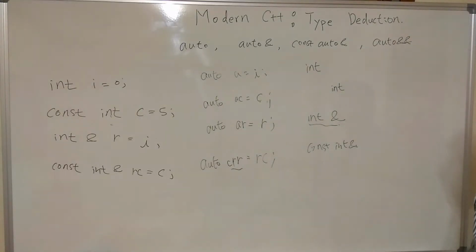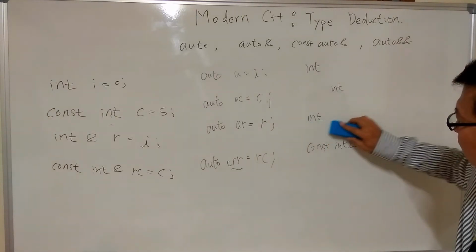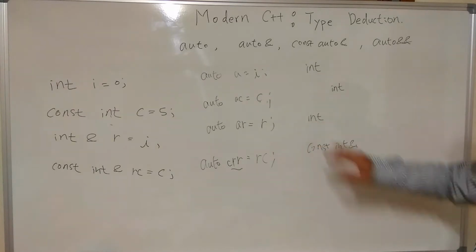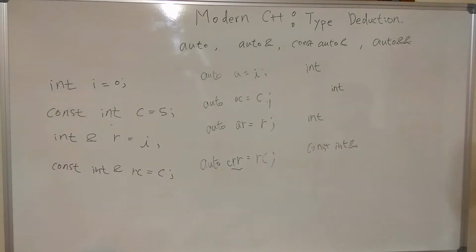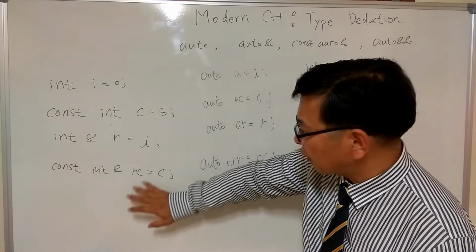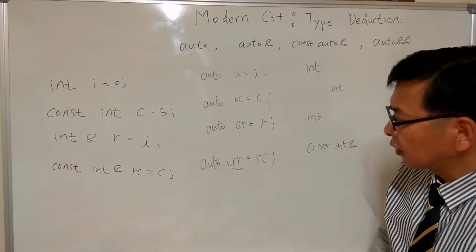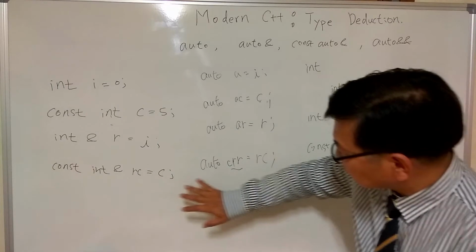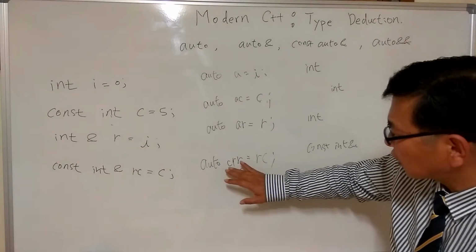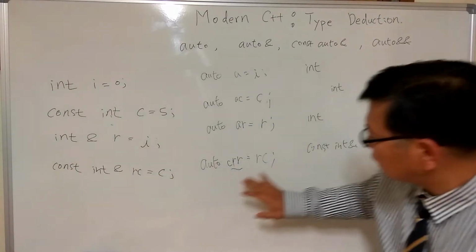An integer reference? No, the reference goes away. AR's type is integer. Now here, const int reference RC, and auto CRR is initialized with RC.